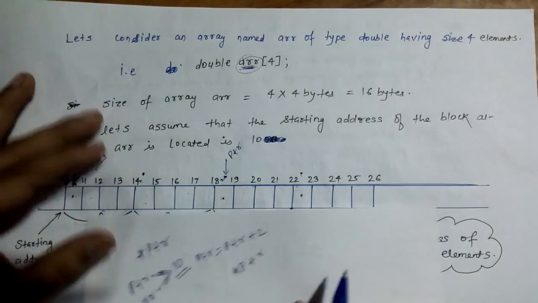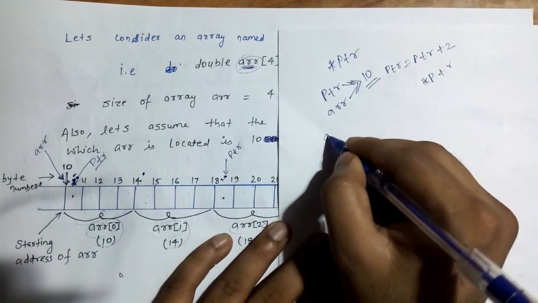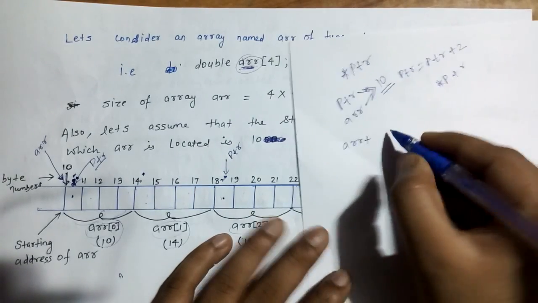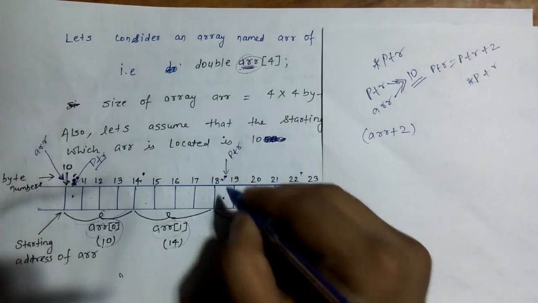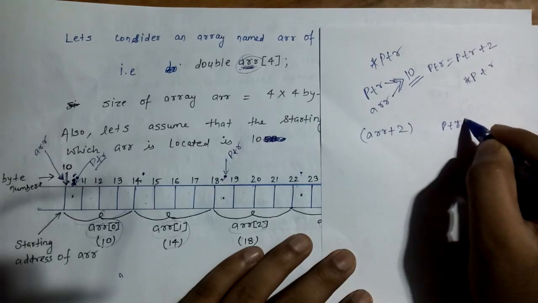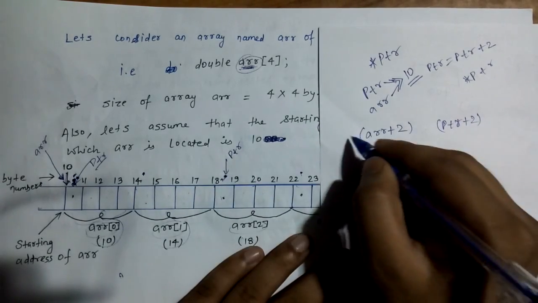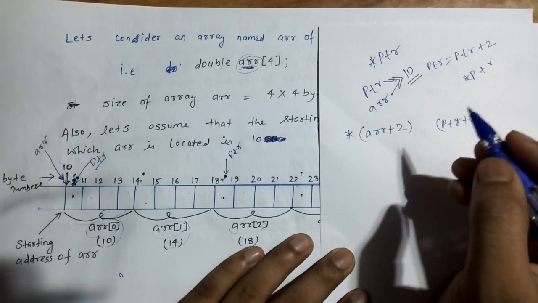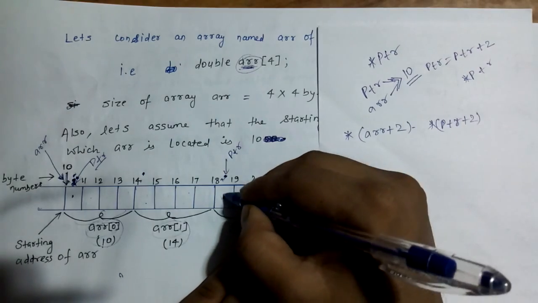So one thing you have to note here is that if you write arr + 2, you are outside of this box. And if you write ptr + 2, you are also outside of this box. And if you put a star in front of it, you are inside this box.